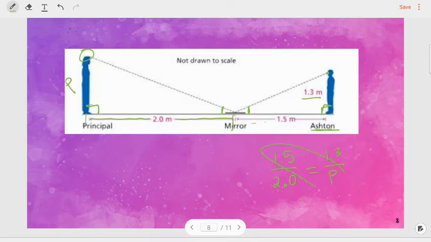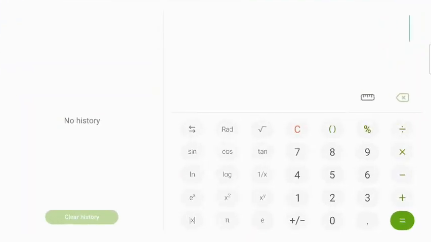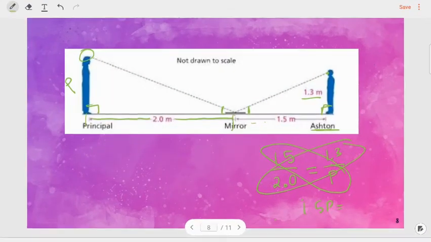And I'm going to cross multiply. 1.5p is equal to, what is 1.3 times 2? 2.6. And how do I solve that the rest of the way?